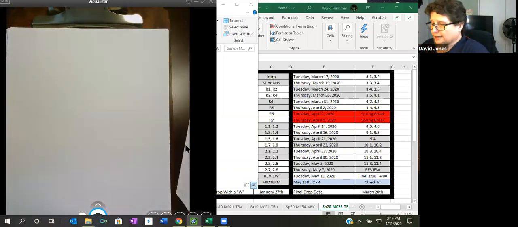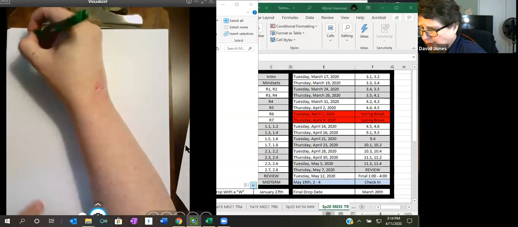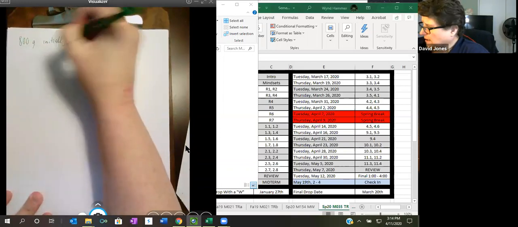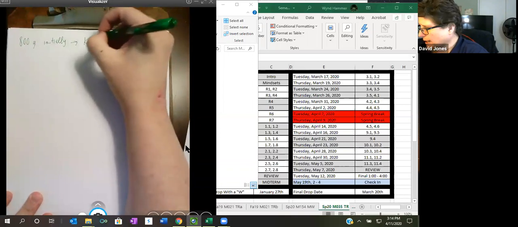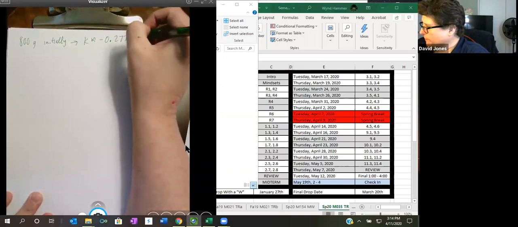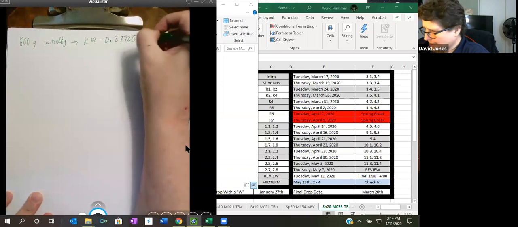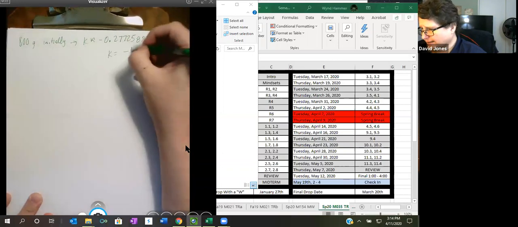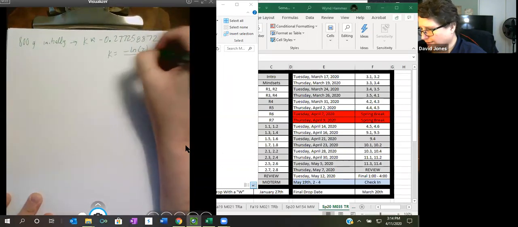We started off with 800. We found K to be approximately negative 0.2772588872. The exact value was negative natural log of 2 over 2.5.